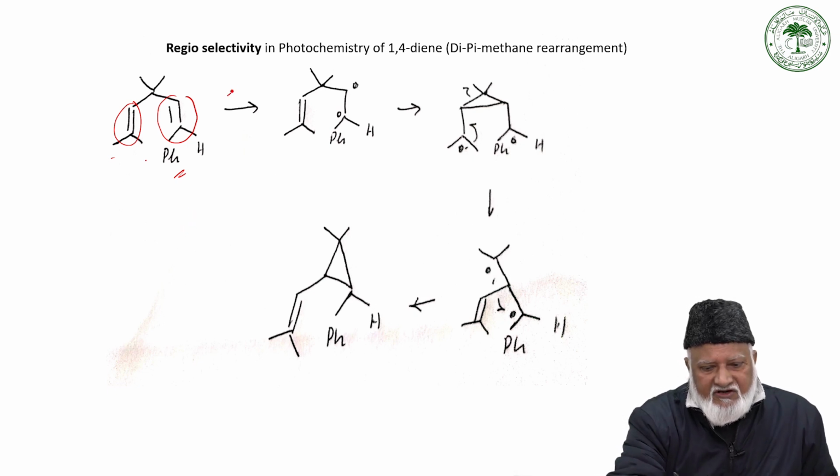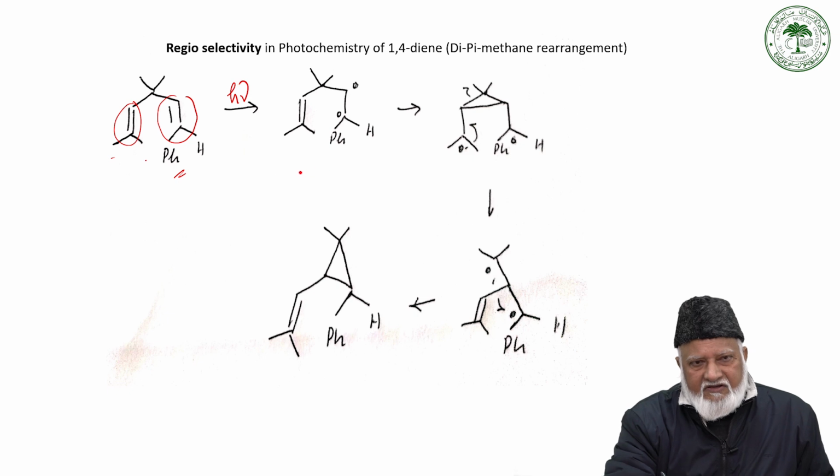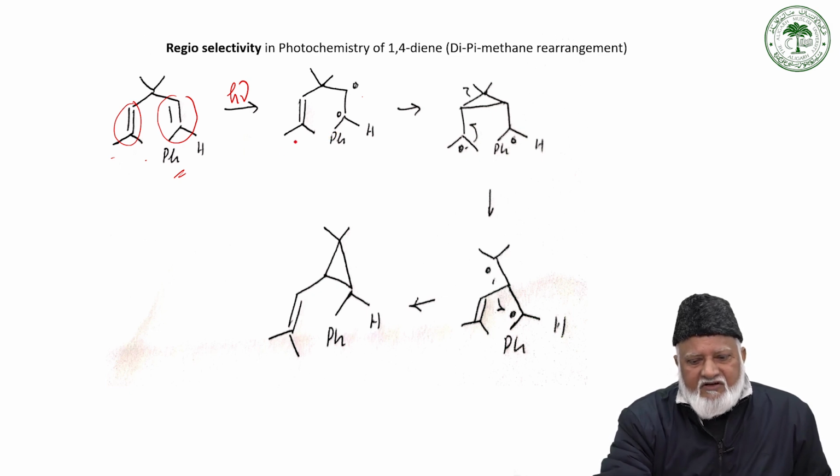Under photolytic conditions, this may undergo pi-pi star excitation to give a 1,2 diradical. We cannot say which of the double bonds is exciting to give the diradical, but whether it is exciting this double bond or that double bond, ultimately this 1,2 diradical forms a 1,4 diradical via the formation of a cyclopropane ring.